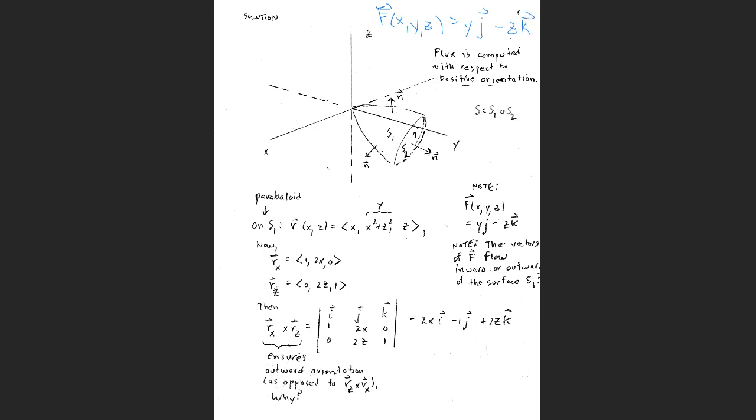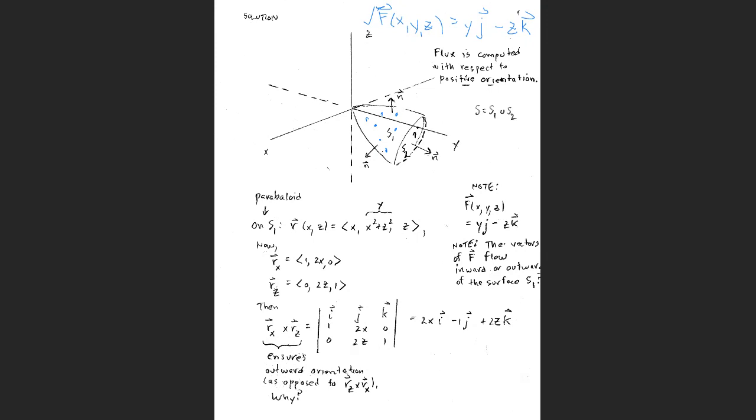Okay, now, at any point on the surface, there's a vector that goes with that point based on this vector field. Would the vectors be flowing inward or outward from the surface S1?